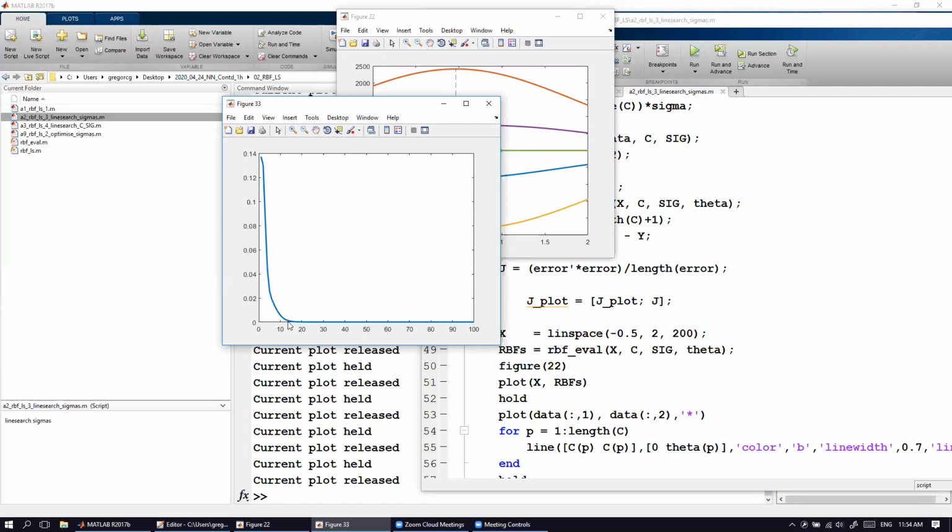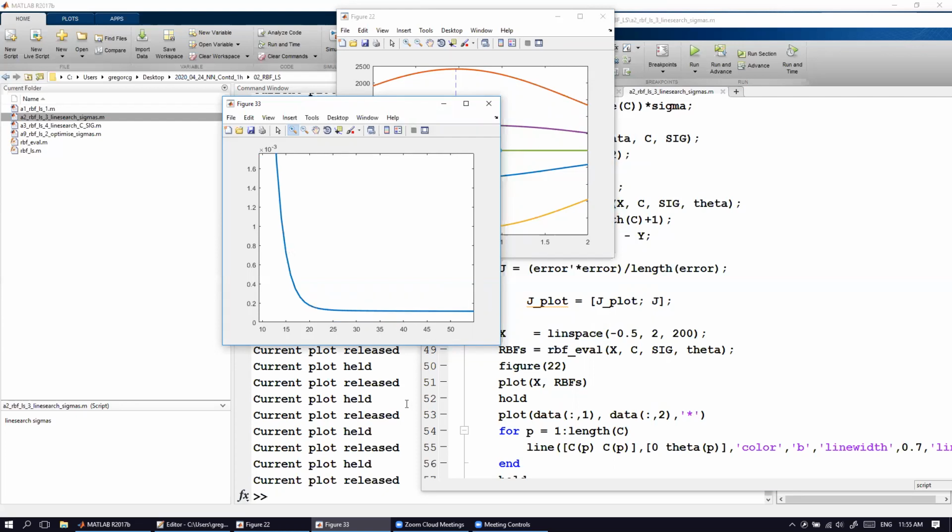When the sigma number is around 12 or 15 or something like that, so around 20, for example, we see that the network does not get improved anymore. So the choice of sigma around 20 would be a good choice. Now that means we have the 4 centers placed around the operating space, we have selected sigmas around 20, and we calculated the weights using the least squares.